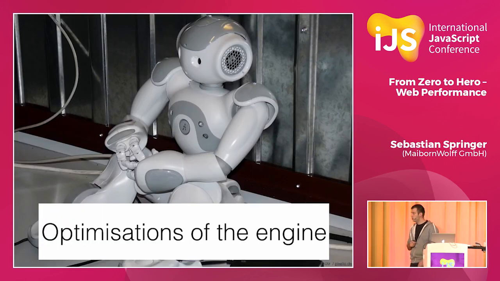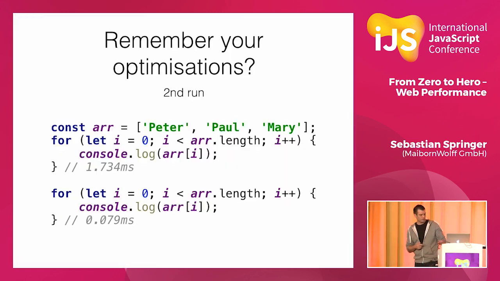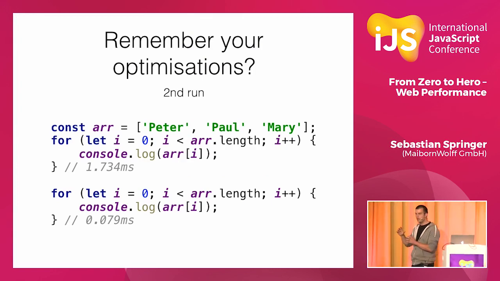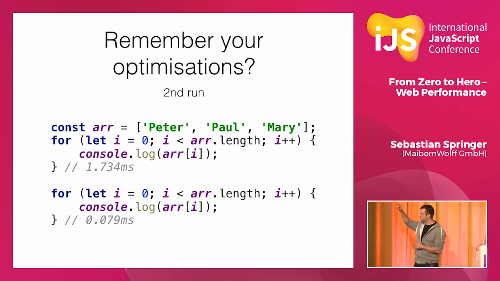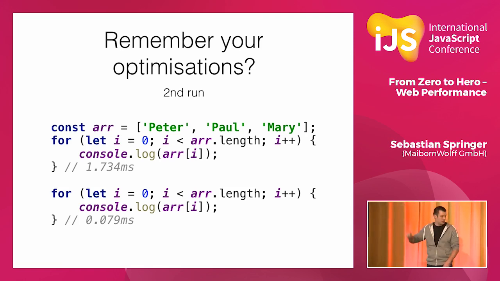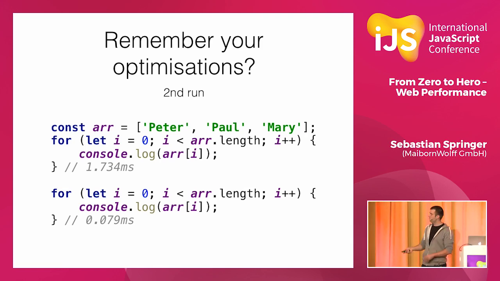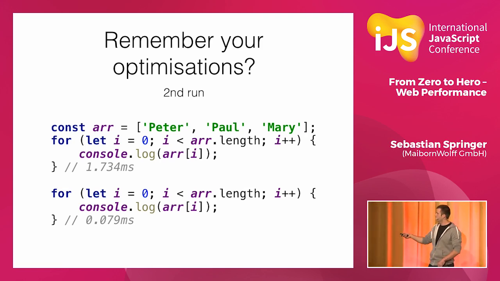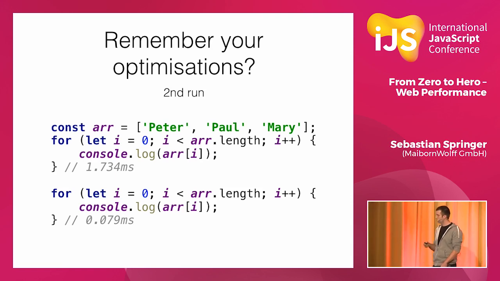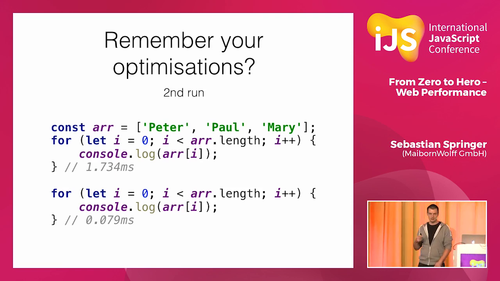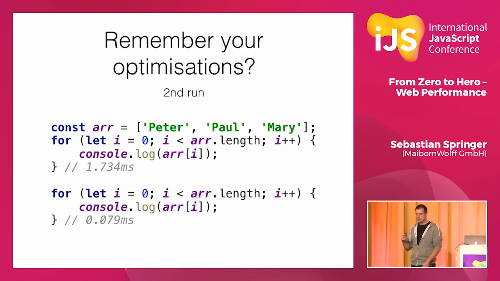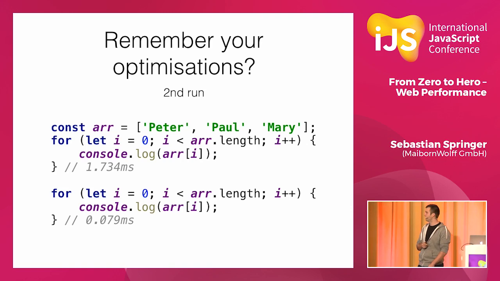So what does your engine do? Okay, we just rearranged something and we are just iterating over the same structure. And you can see here, the first one is around 1.7 milliseconds, and the second one is 0.079, which is a little bit more of a performance gain compared to the first one.